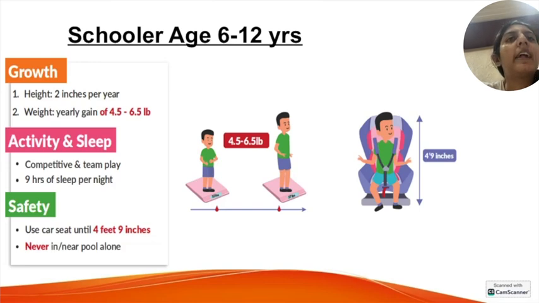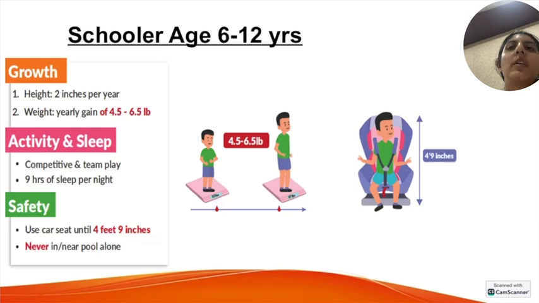For safety, when riding a bicycle, they wear a helmet and ride in the direction of traffic, and use a car seat until around 4 feet 9 inches tall, and never place them near a pool alone. This is a big risk for drowning. On physical examination, we always treat them like mini adults.